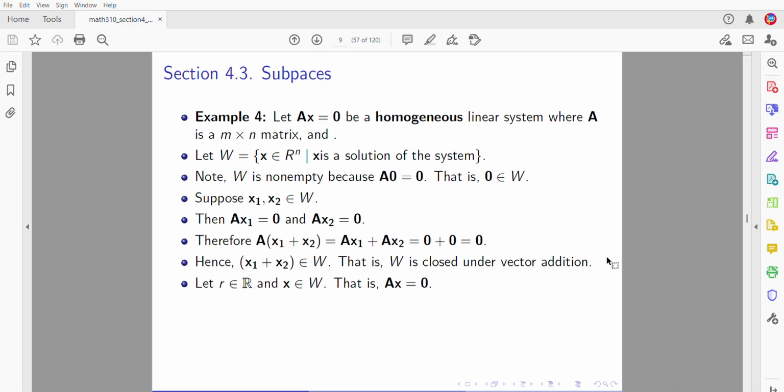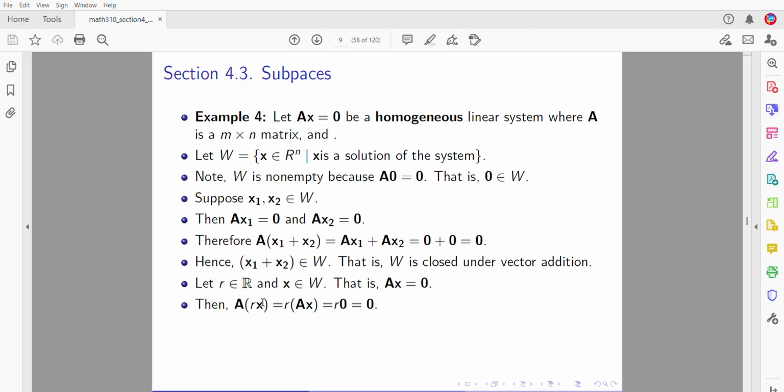Suppose R is any real number and vector x is in W. x in W means it solves the system. Now what about Rx? A times Rx, where R is a real number. When you multiply by a real number, it multiplies every entry.